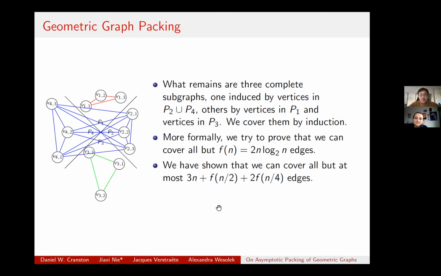For the remaining cliques, by induction, we can cover all edges but f of n over 2 and 2 times f of n over 4. So this is what we have shown. Due to the form of f of n, this sum equals f of n. This completes the induction proof.